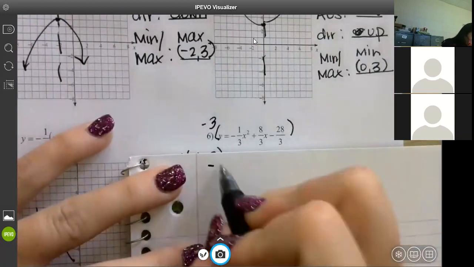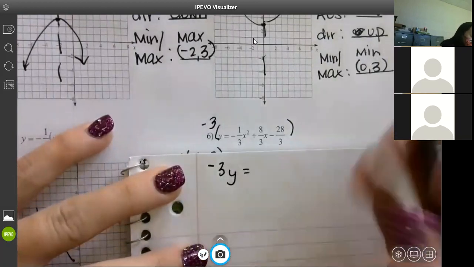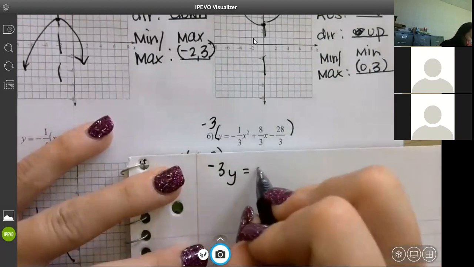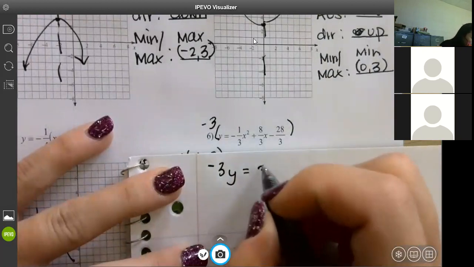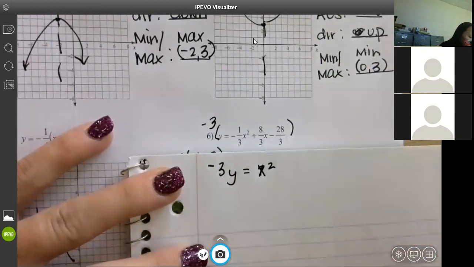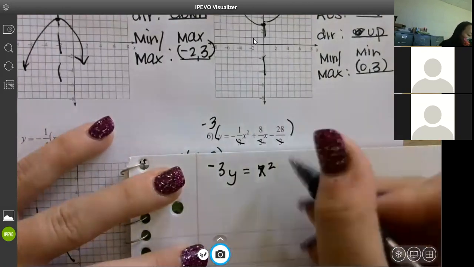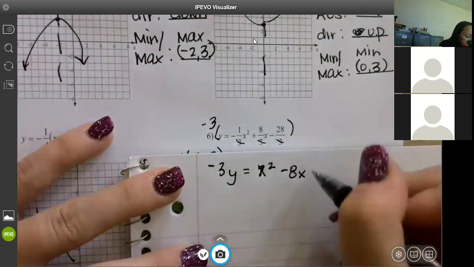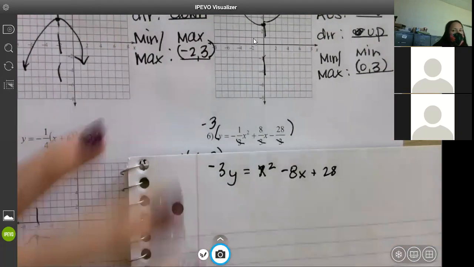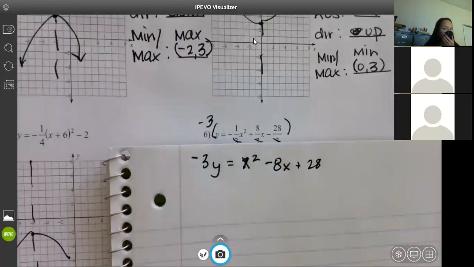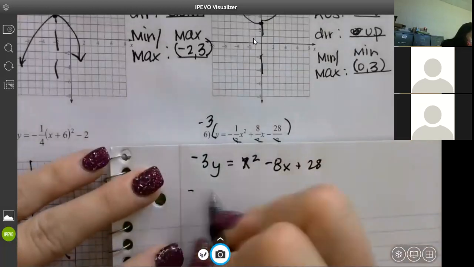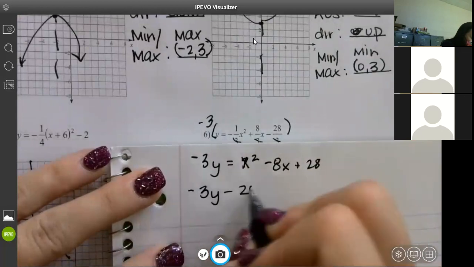That gives us -3y equals x squared. All your denominators go away and your signs change. -8x plus 28. What's my first step? Subtract 28. Yep, good job.